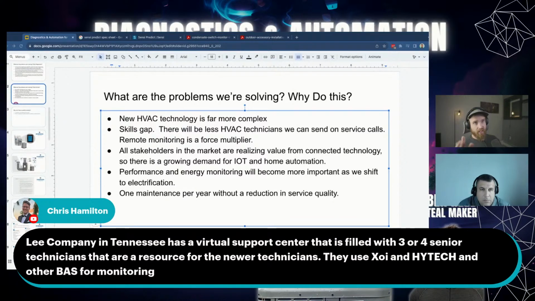I've heard a lot of really good things about them. I'm not very familiar with XOI. Oh yeah, you should check them out. Gotcha. Similar to Smart AC, they're trying to avoid repeating a lot of the old way of trying to solve these problems. Yeah.